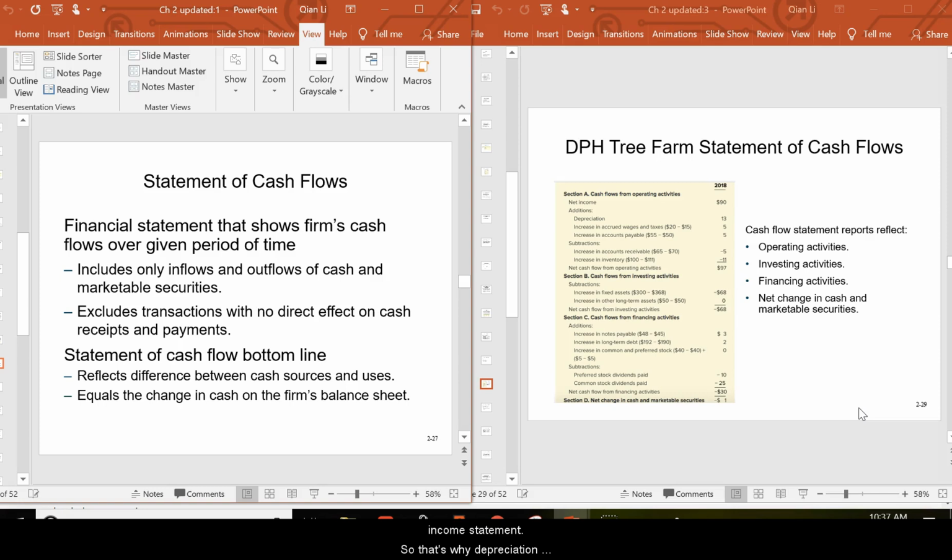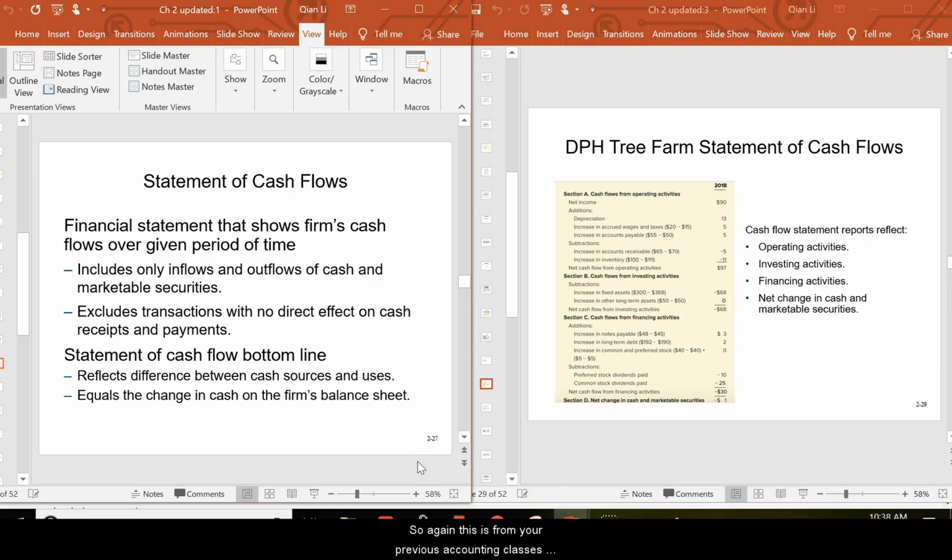So that's why depreciation expense would not be deducted in the statement of cash flows. Actually, since we use the so-called indirect method, which is to adjust the net income number to construct the statement of cash flows, we add back the depreciation expense. We add it back because this number was subtracted in your income statement to calculate the net income.